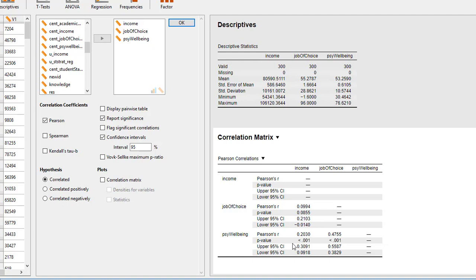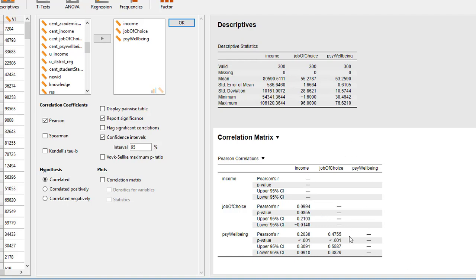And for psychological well-being and income, the point estimate is 0.203, lower bound 0.092, and upper bound 0.309. And for the correlation between psychological well-being and job of choice, the point estimate is 0.4755, the lower bound 0.3829, the upper bound 0.5587.